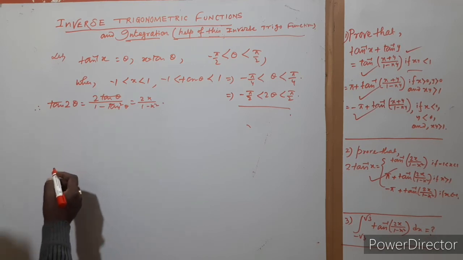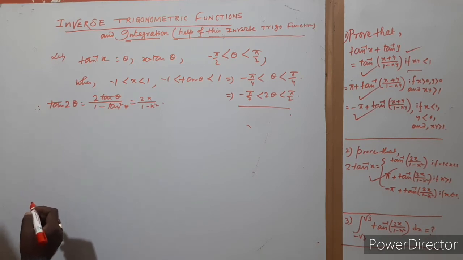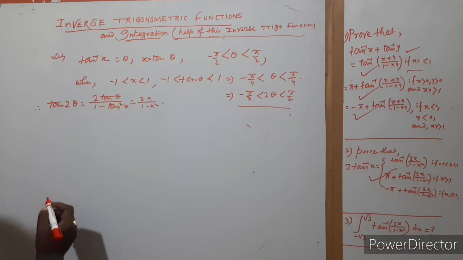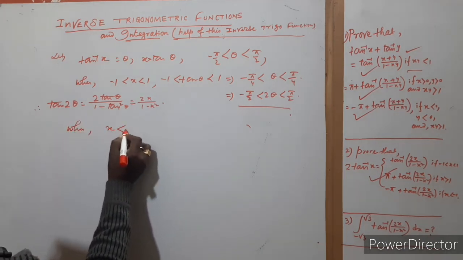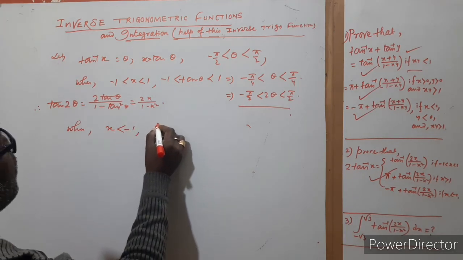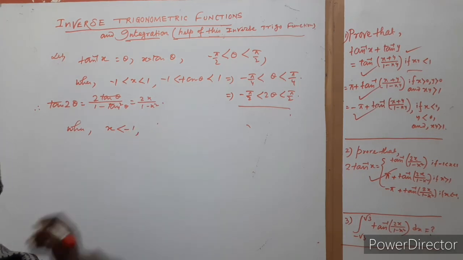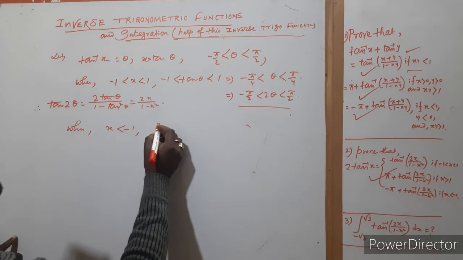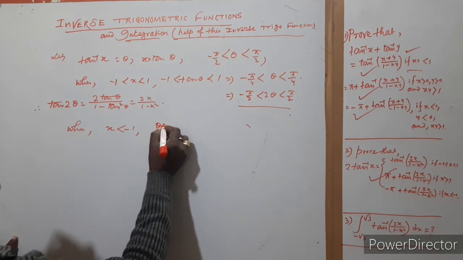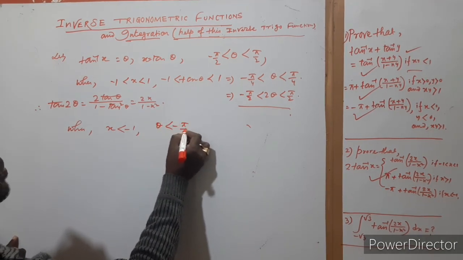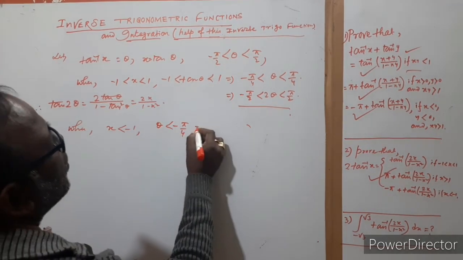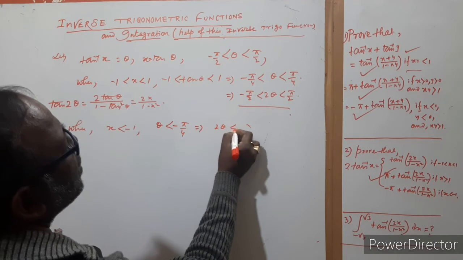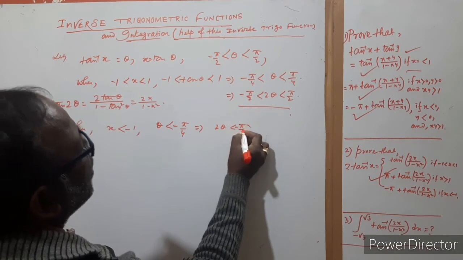that is when x is less than minus 1 actually. So it is less than minus pi by 4, implies that 2 theta less than minus pi by 2.